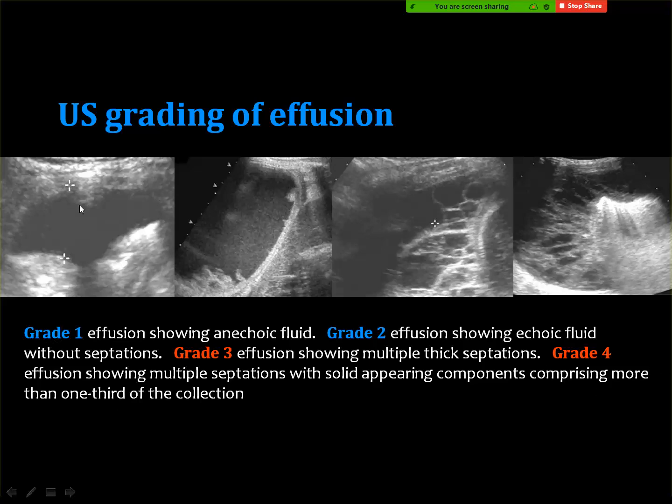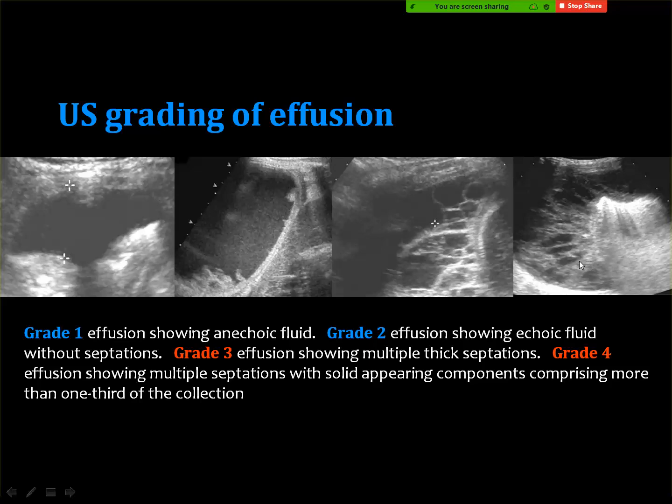Grade 1 is a simple fluid which is anechoic. Grade 2, a fluid contains some echoes but no internal septations. Grade 3, there are incomplete internal septations. Grade 4, there are thick, complete internal septations with adjacent soft tissues.